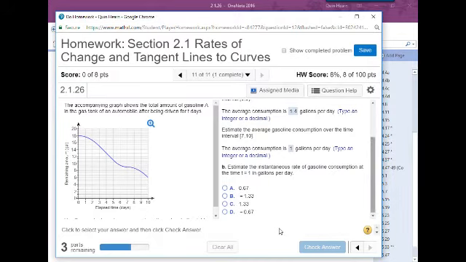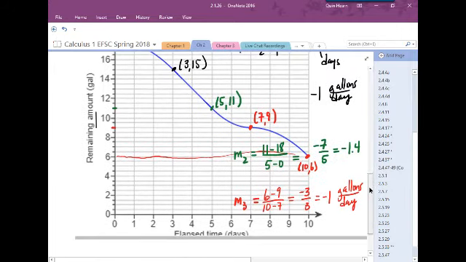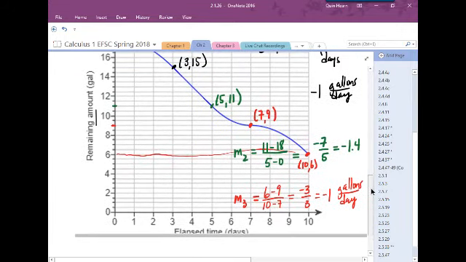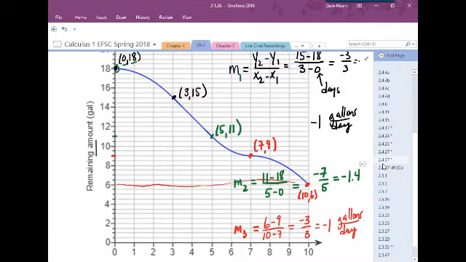Okay, now they want us to estimate the instantaneous rate of gasoline consumption at the time t equals 1 in gallons per day. Okay, so to estimate the instantaneous rate of change means estimating the slope of the tangent line.